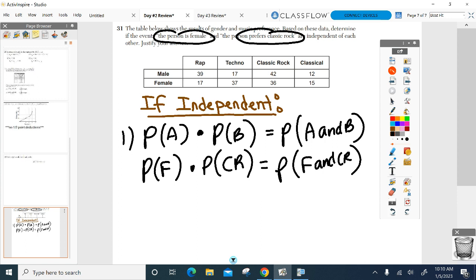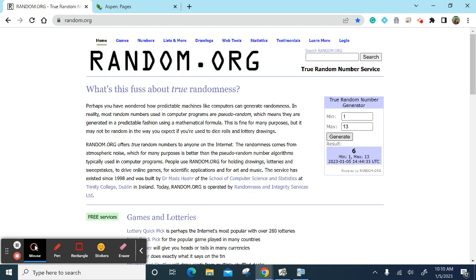First thing, find how many females are in the chart. Using your chart and your calculator, figure out how many females are in here. And again, doing a better job on here. Hey, a little help.